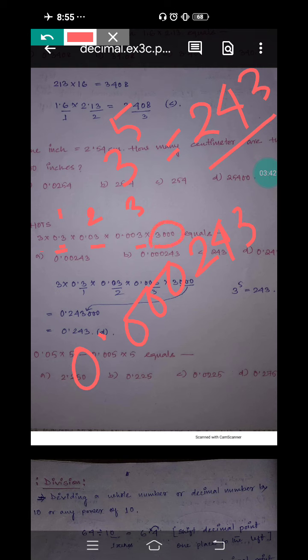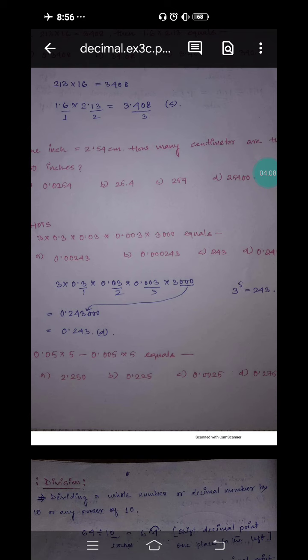That means multiplication by a power of 10, so the decimal will shift to the right side. How many zeros are there? 3 zeros. That means from this position it will shift to the right by 3 positions. That means the answer will be 0.243. Understood? So the answer will be D.